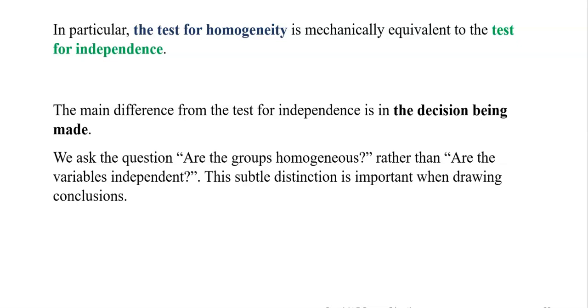The only difference is the decision being made. The way we define the null hypothesis, and as a result, the way we make the conclusion, is different. So if we ask the question, are the groups homogeneous, it is test for homogeneity. But if we say, are the variables independent, this is test for independence.